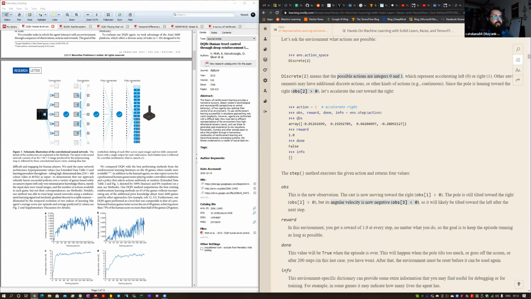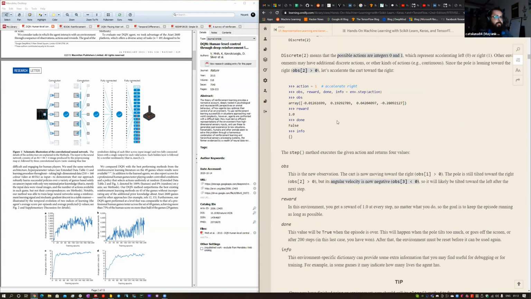So here, what we have is the obs, in which we have set our action to 1, and we have given the step as action 1, and then we have gotten the 4 parameters with respect to the observation, reward, done, and info.